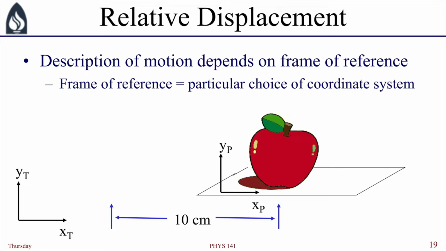And by knowing how the two have moved relative to each other, you can, based on what one coordinate system says, predict what the other one would say. So in this case, the displacement in the table coordinate system is 10 centimeters, and the one in the paper coordinate system is 0 centimeters.